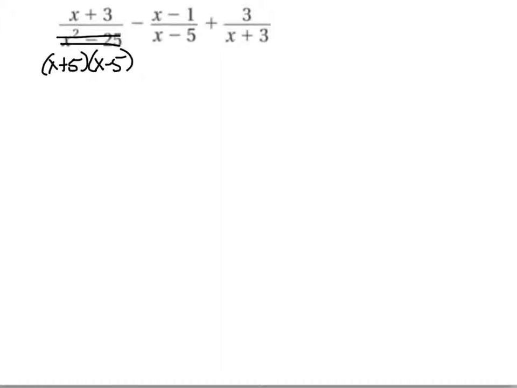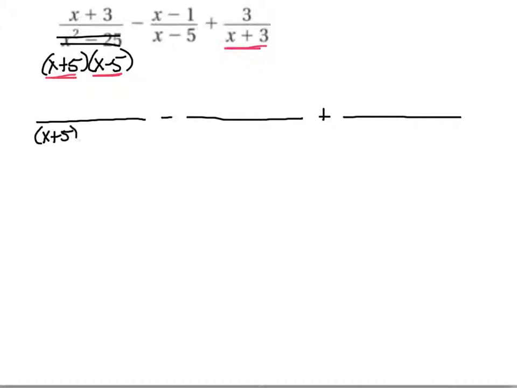So every denominator has to have an x plus 5, an x minus 5, and an x plus 3. So our denominators are going to be x plus 5 times x minus 5 times x plus 3. And that goes under all 3 fractions.